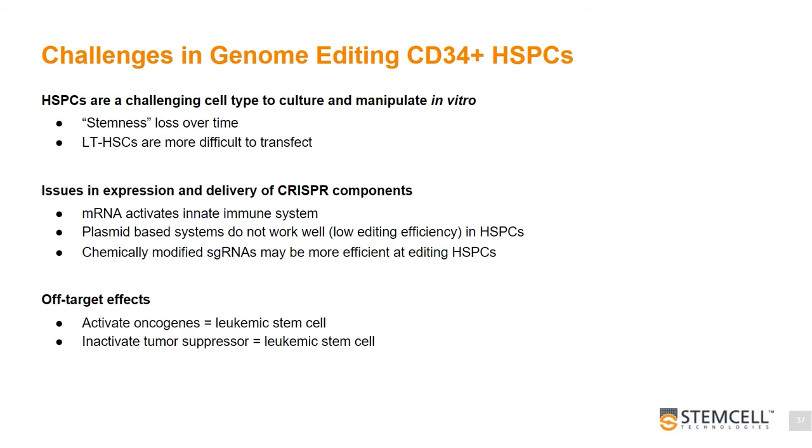Other methods such as plasmid-based systems, on the other hand, resulted in low targeting efficiency and high toxicity in CD34 cells. There are also some reports showing chemically modified single-guide RNA may be more efficient at editing HSPC. These expression systems also pose concern about safety in clinical translation due to the risk of unwanted genetic mutation and immunogenicity.